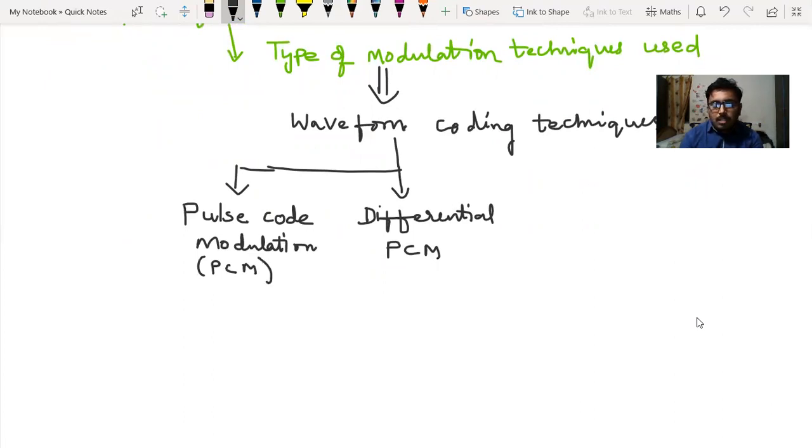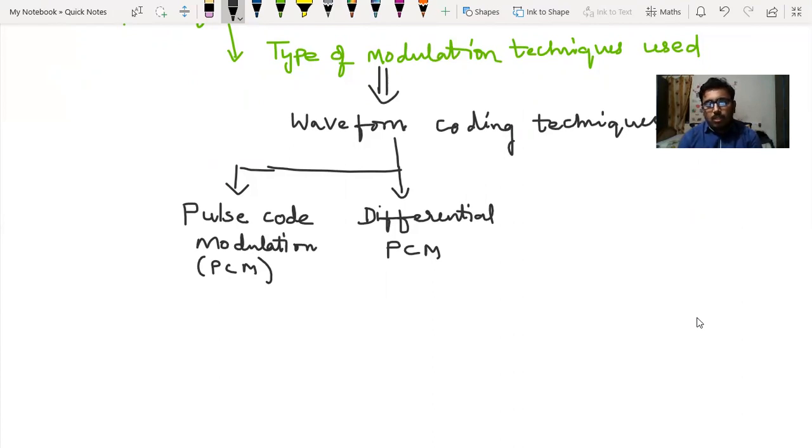Here we can take the difference between the samples, from the first sample to the second sample, and send that difference, that is the quantized information. By using differential PCM, the bandwidth is utilized properly, whereas PCM requires more bandwidth.